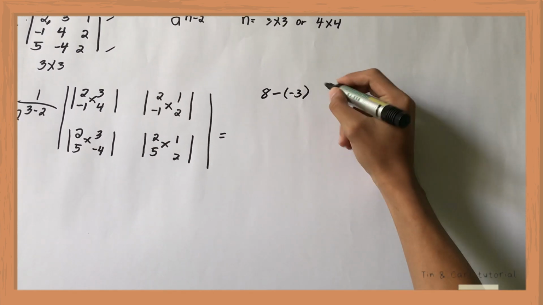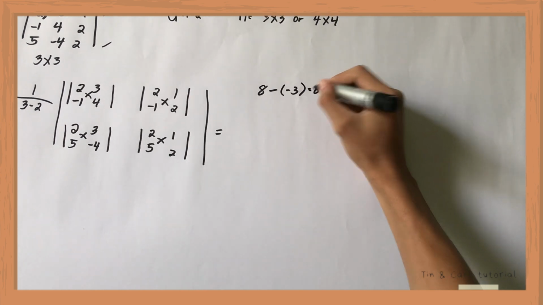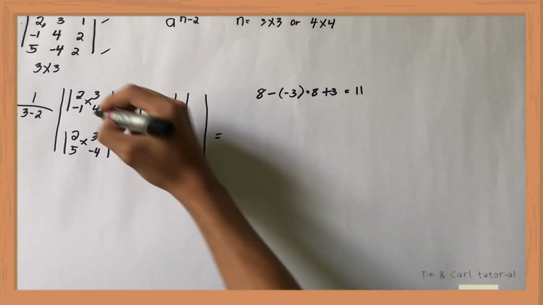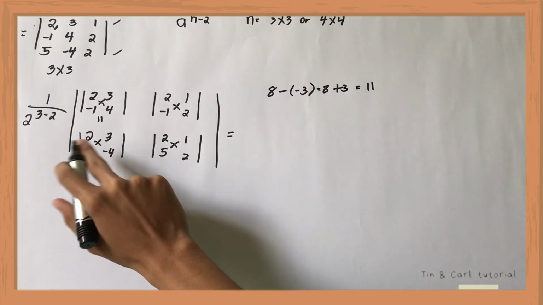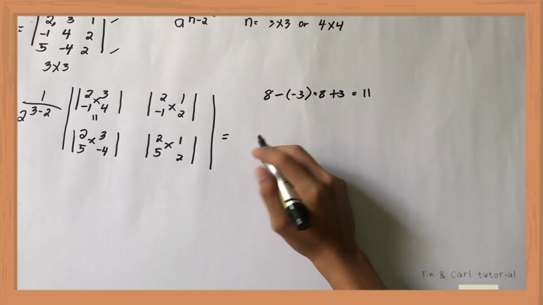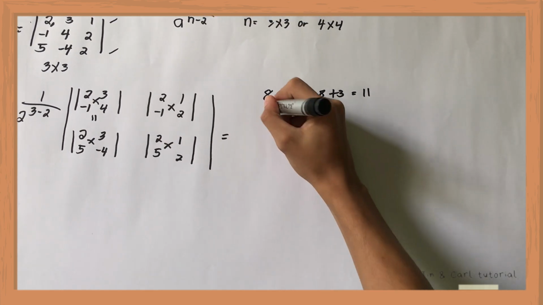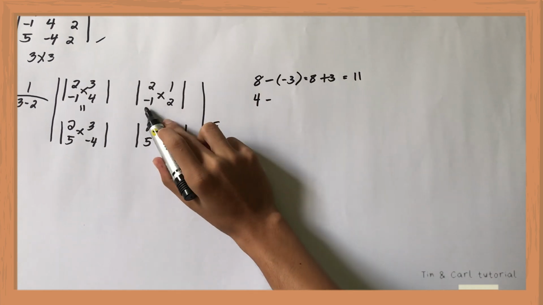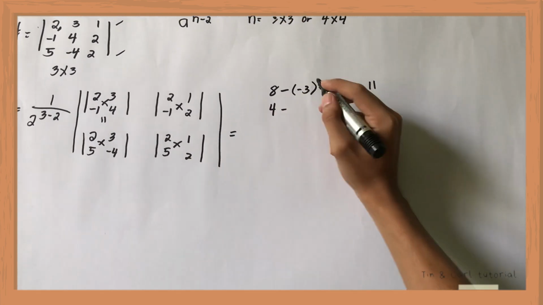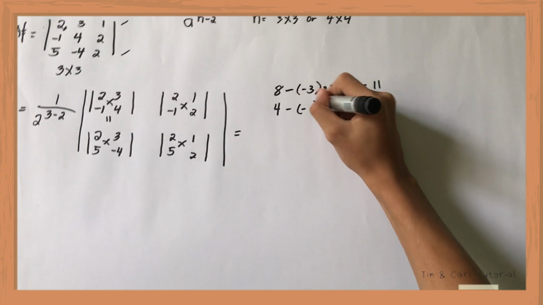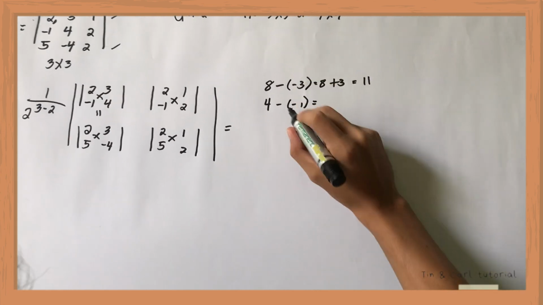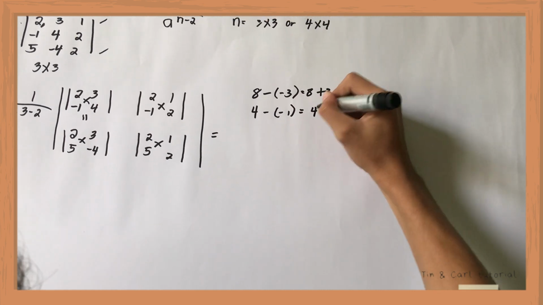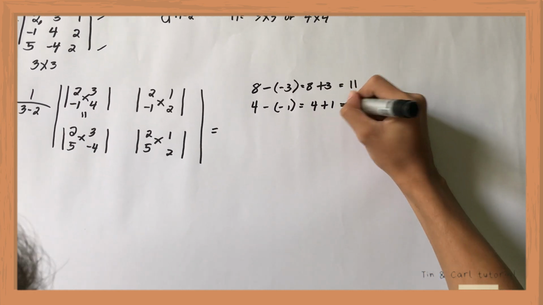So, magiging addition yan to 8 plus 3 is equals to 11. So, 11 ang value natin dito. Next, 2 multiplied by 2 is 4. Then, minus negative 1 multiplied by 1 is negative 1. Magiging positive ulit to. Negative multiplied by negative is positive. 4 plus 1 is equals to 5.